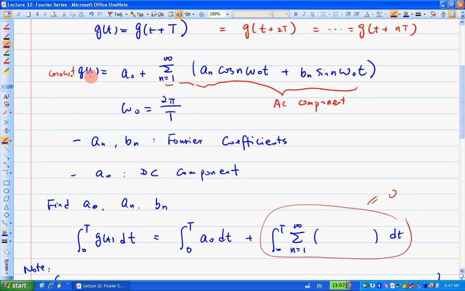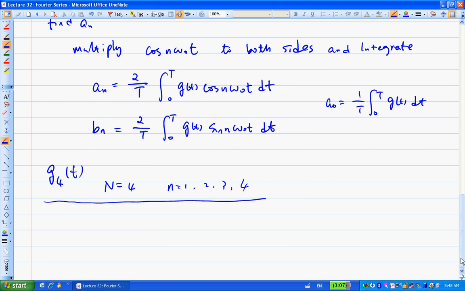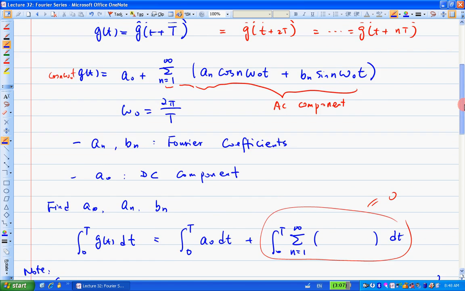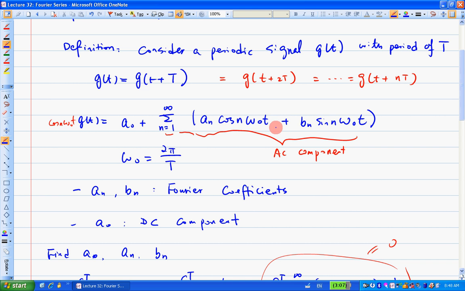We know that g of t has a base frequency omega naught, the so-called fundamental frequency omega naught, equal to this.